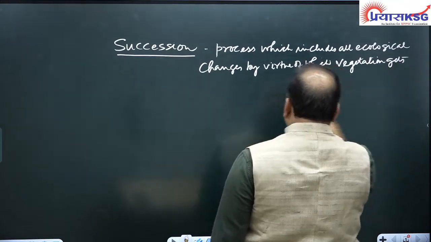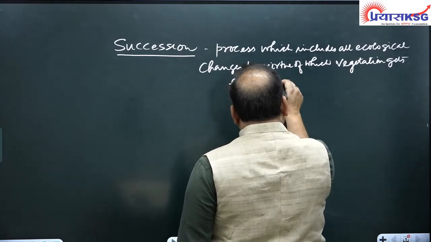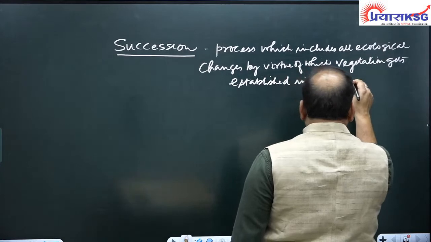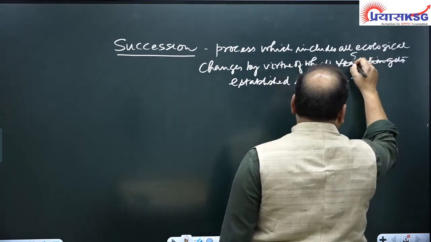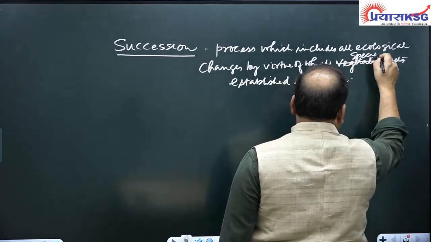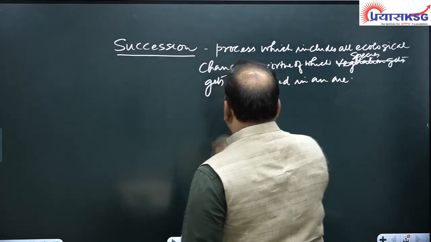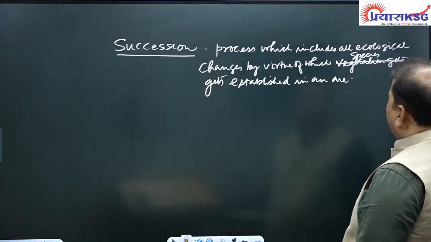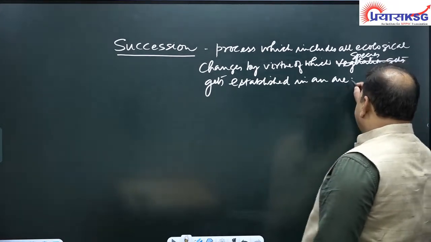No, by virtue of which species get established in an area. Vegetation means plant succession. Process which includes all ecological changes by virtue of which species get established in an area.